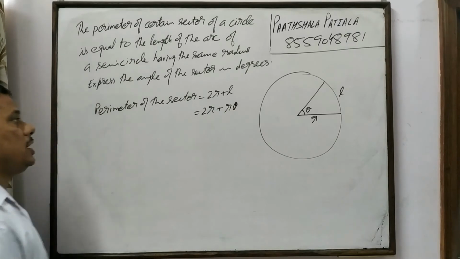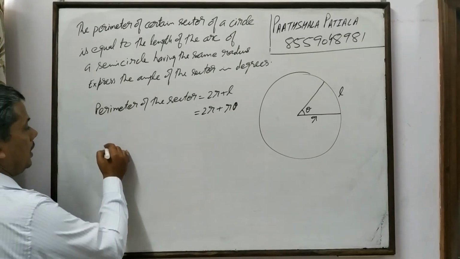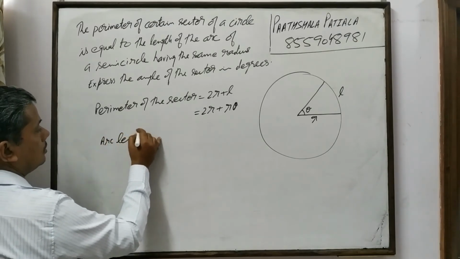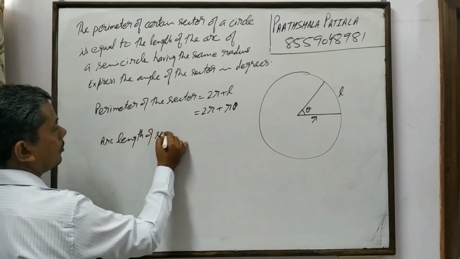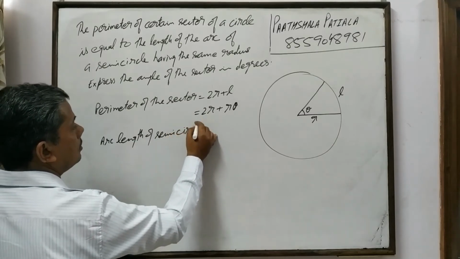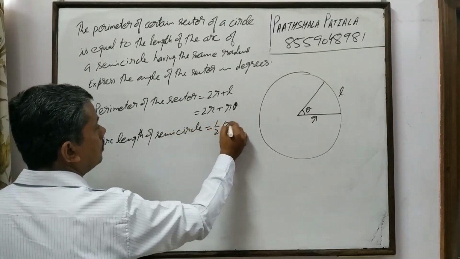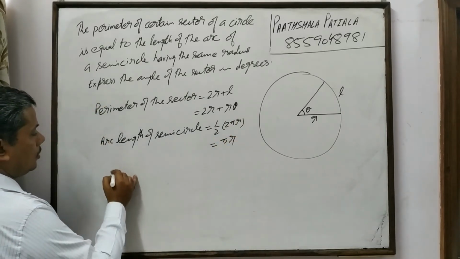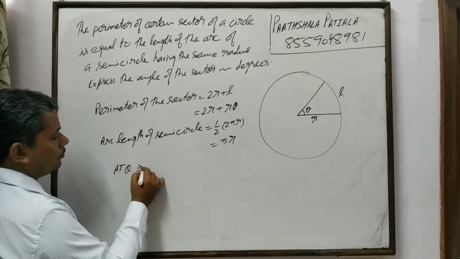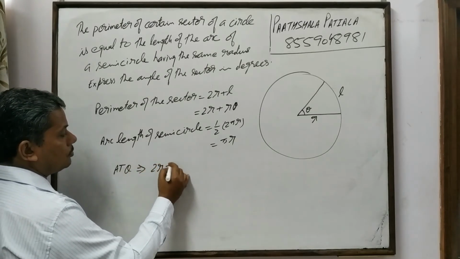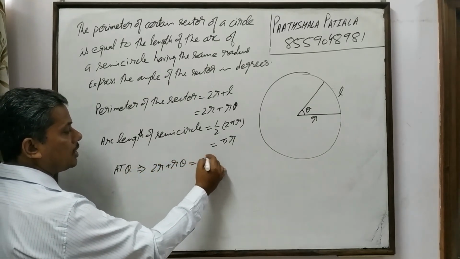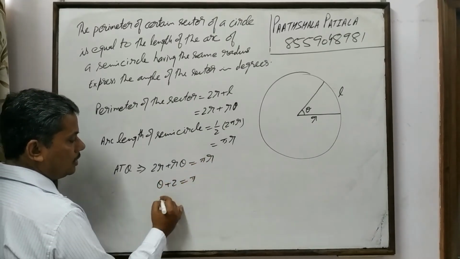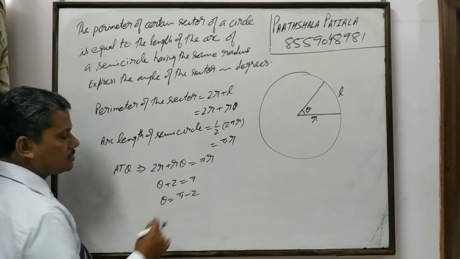That is the perimeter of the sector. And the arc length of the semicircle is half of 2 pi r, which is equal to pi r. Now according to the question, they are equal, meaning 2r plus r theta is equal to pi r, which gives theta plus 2 is equal to pi, theta is equal to pi minus 2.